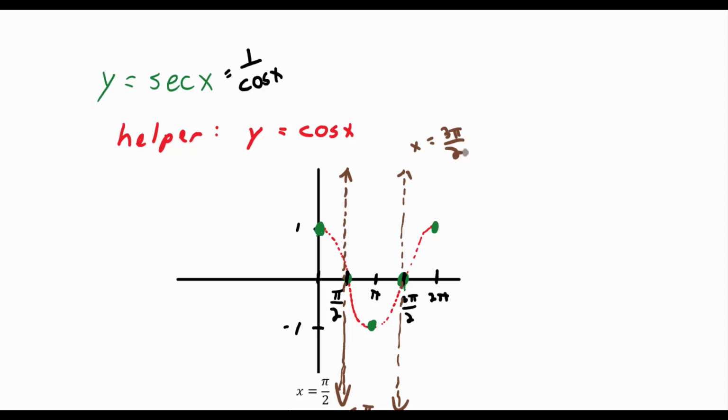And it turns out that if 0, 1 is on the graph of the cosine function, it's certainly on the graph of the reciprocal function, right? So this point's actually on the graph of the secant. And if you plot a few more points, you'll realize that as you approach this first asymptote, you get a U shape.